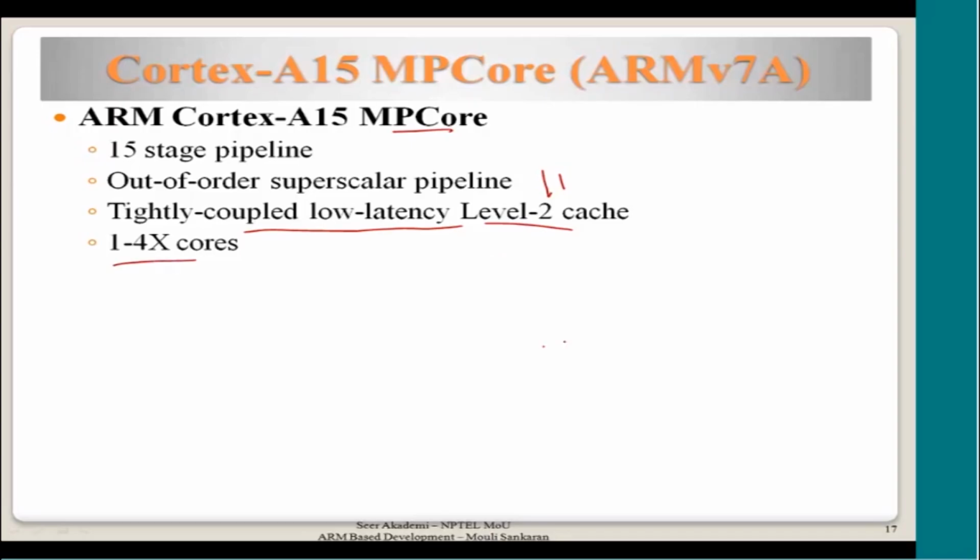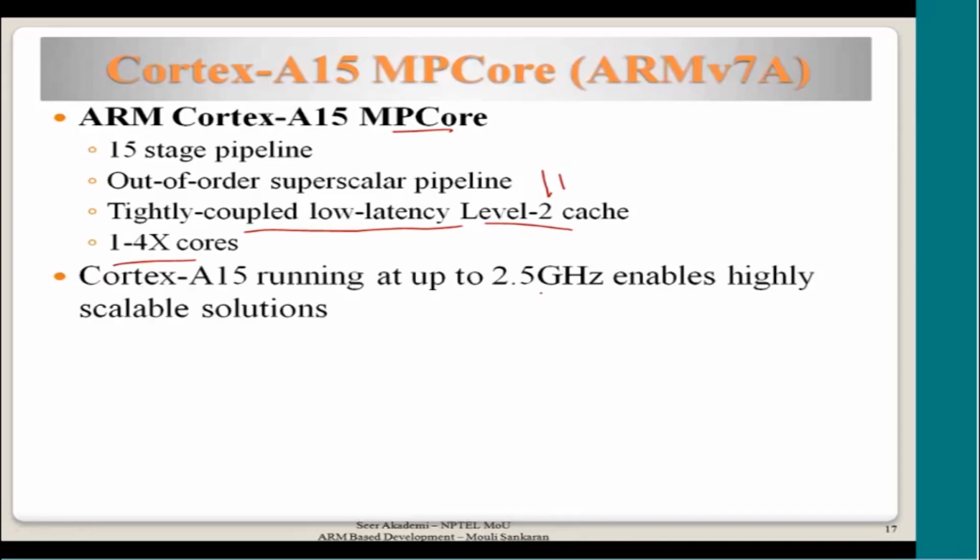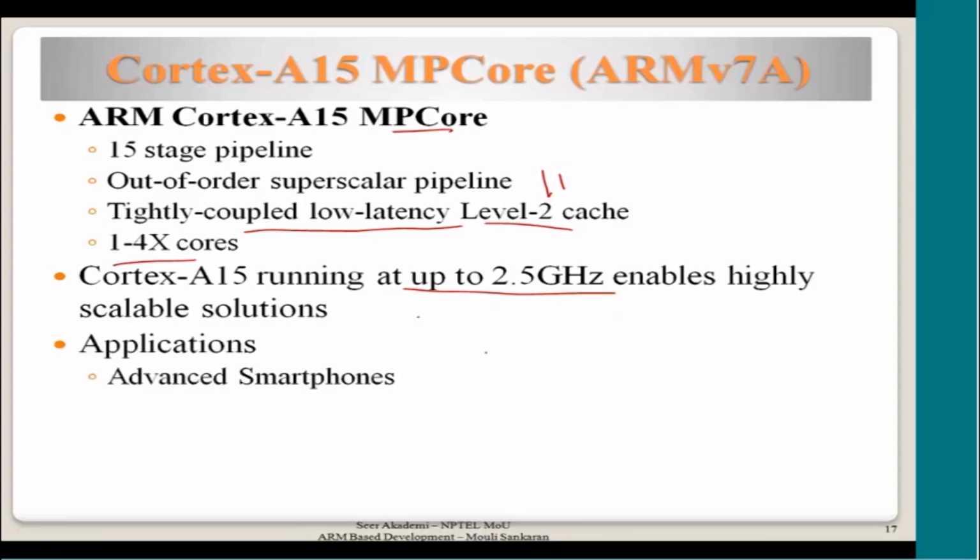We have not touched multiple processors in this discussion, but it's very interesting, and lots of research is going on in multi-core processors and the issues in sharing data between them, and how cache coherency is achieved. There's plenty of interesting stuff on multi-core processor architecture. And Cortex-A15 runs up to 2.5 GHz. So now you can imagine the clock rate of this kind of processor, and what applications it is useful for.